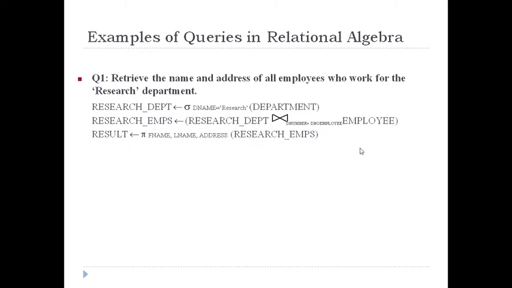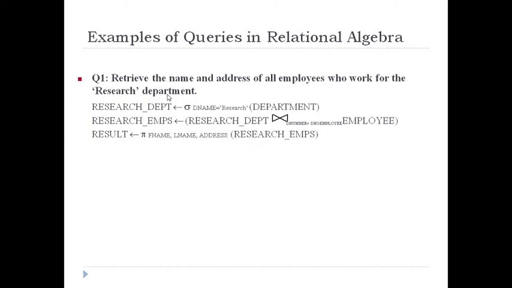See, first you have to see: name and address of all employees, from which relation can I get it? Name and address are there in the employee table. And who work for the research department: in the employee table we have the department number, but we don't have the department name. To get the department name, I have to go to the department relation.